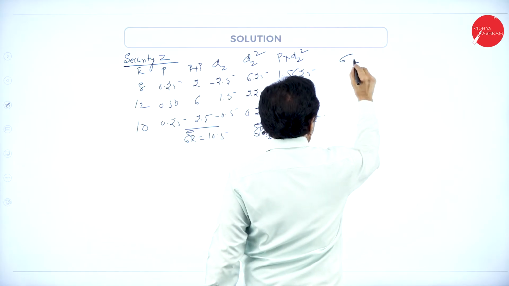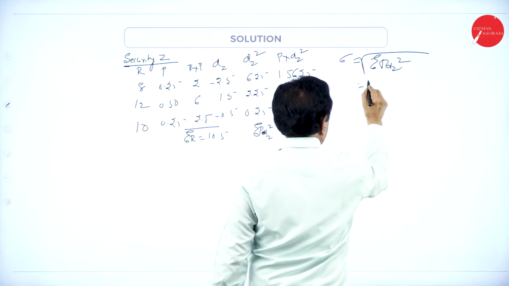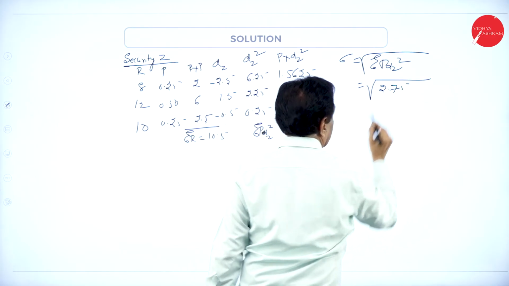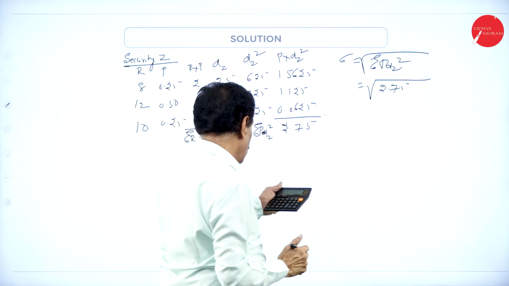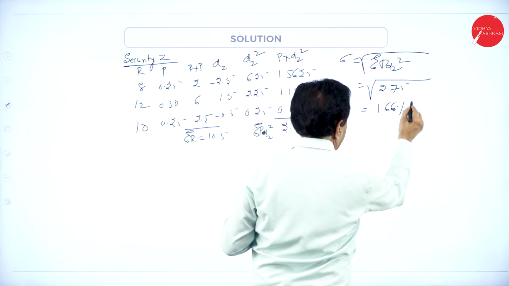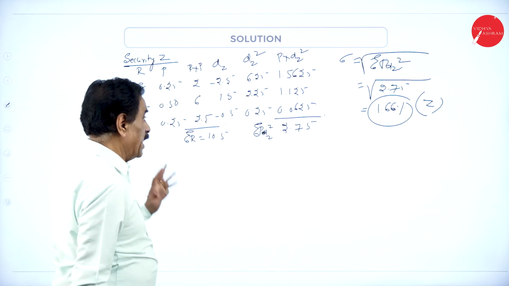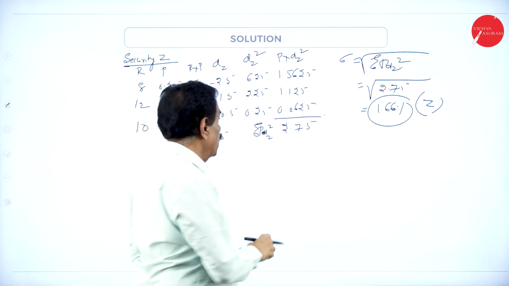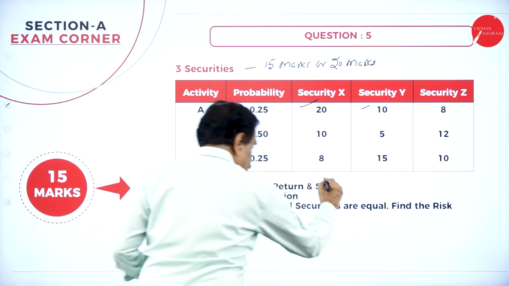So root of sigma p dz square, root of 2.75, root of this is 1.66. So we calculate the mean, we calculate the standard deviation. This we have done.